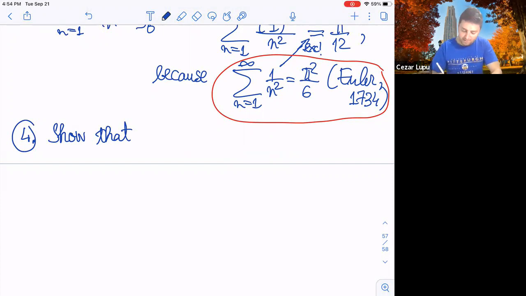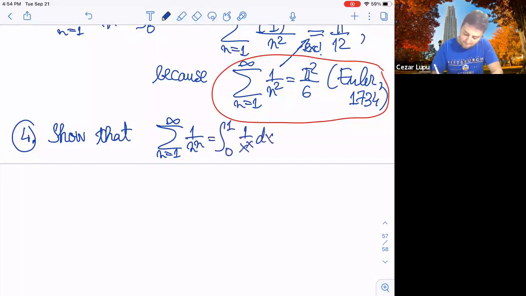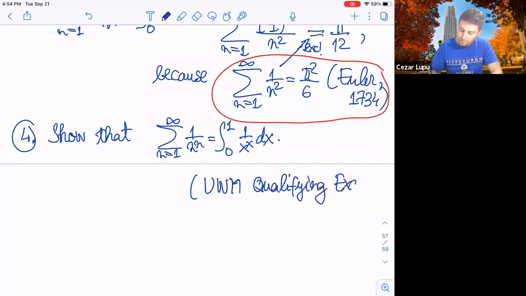So basically the problem says the following: show that this series is nothing else than just this integral. This is the University of Wisconsin-Madison qualifying exam in real analysis, 2013. I remember he told me about this. And in fact, this problem is quite involved. It's a very nice problem.